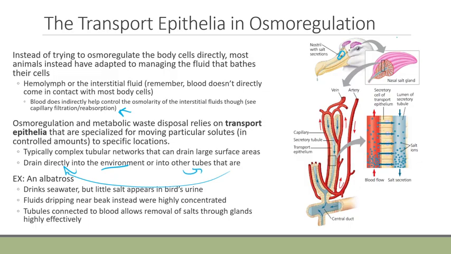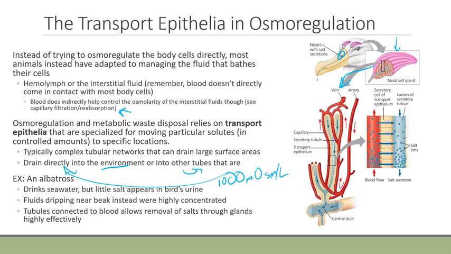You can also see the zoom in on that nasal salt gland, and then the even bigger zoom in that we see right below it. Something like an albatross is going to be drinking seawater. Seawater, I just mentioned, has a pretty high osmolarity, right? That's 1,000 milliosmoles per liter. You need to get rid of that extra salt. That's going to be higher than whatever the blood in the albatross is.